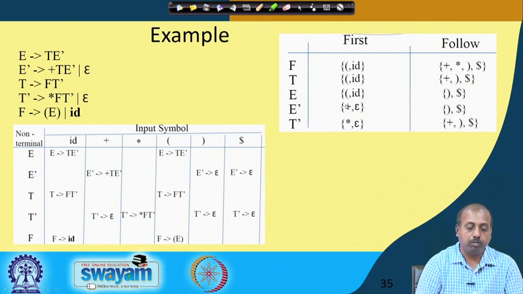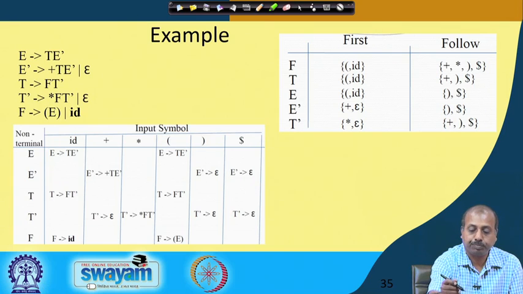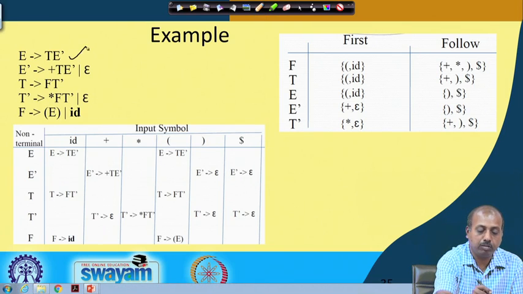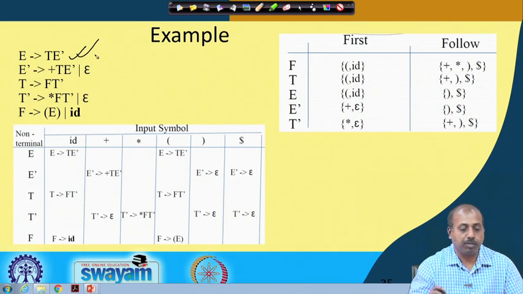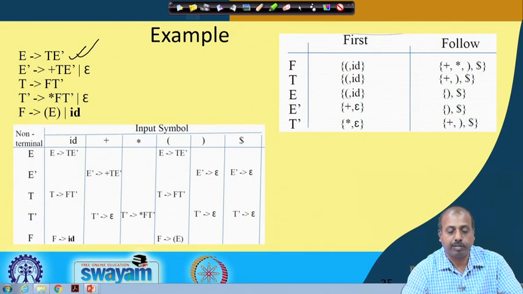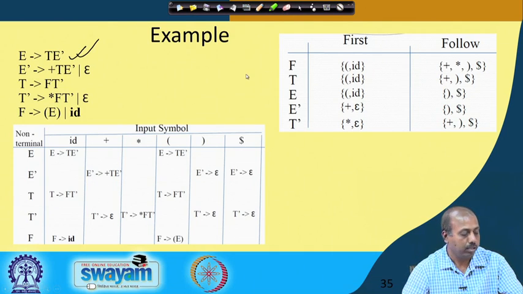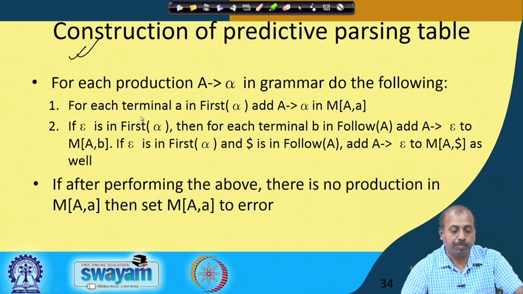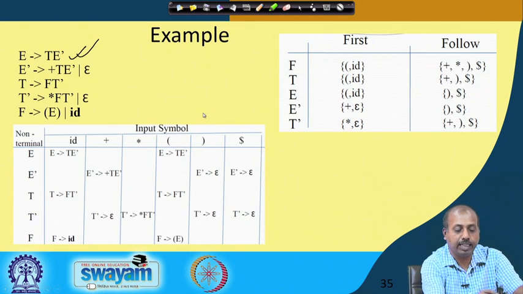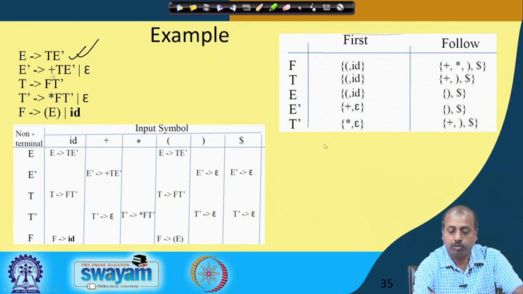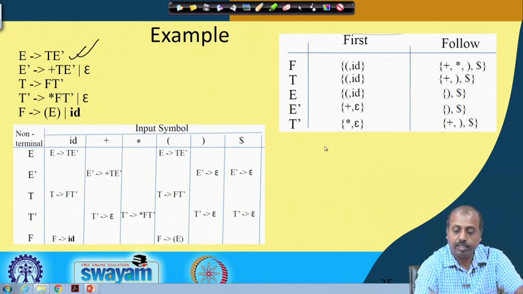Now, let us look at this rule, E producing T E dash. As far as our rule is concerned, if A producing alpha, we have to see the first of alpha. First of T E dash is equal to first of T, which is bracket start and ID.